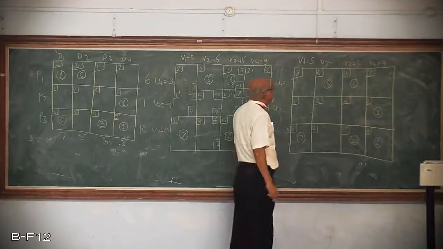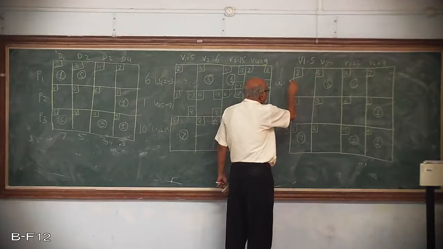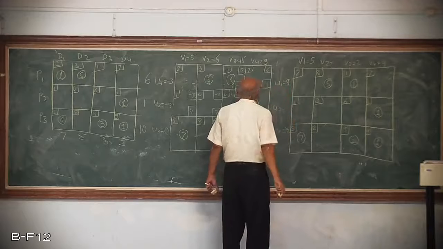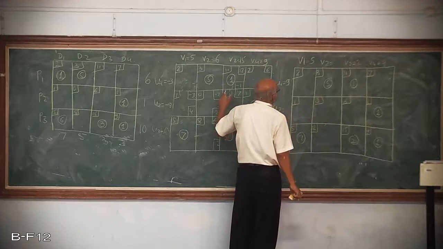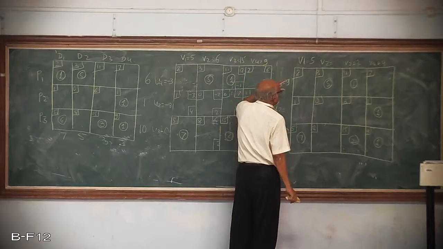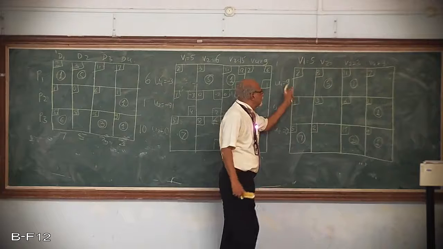Okay. And this is going to be how much? Because we have found out this one, this is going to be 9. Okay. Try to understand this one. Earlier, V3 was how much? V3 was 15. That is why it will not remain, because we will go by this one.